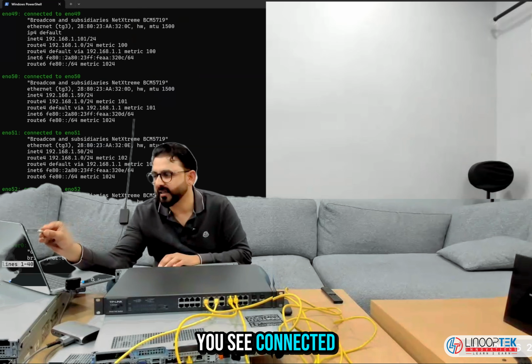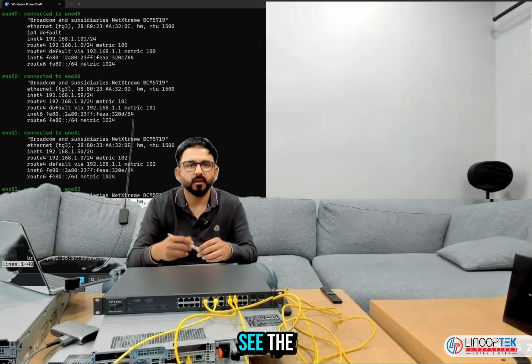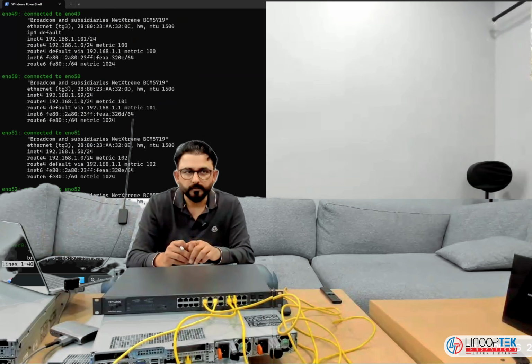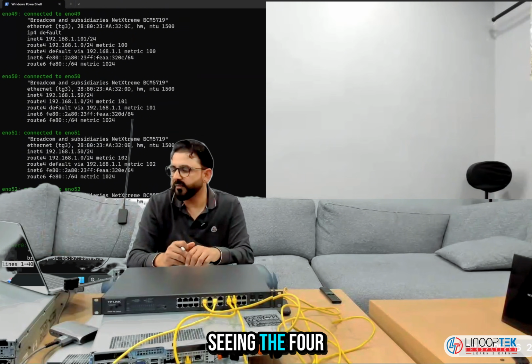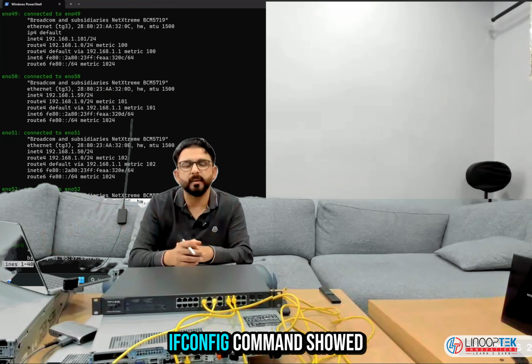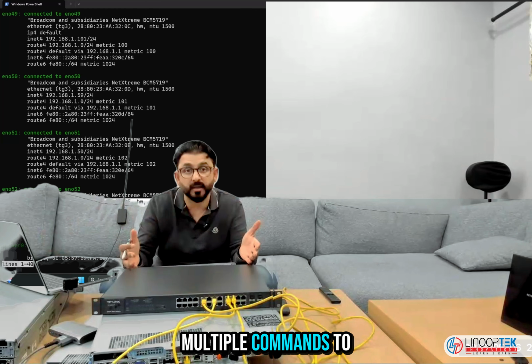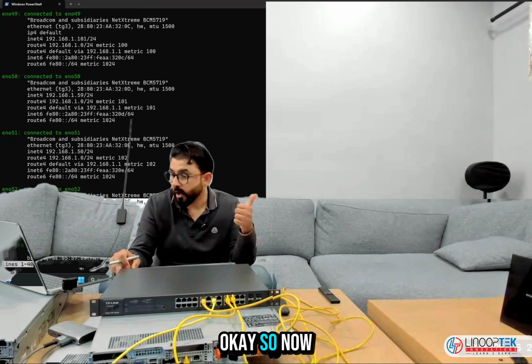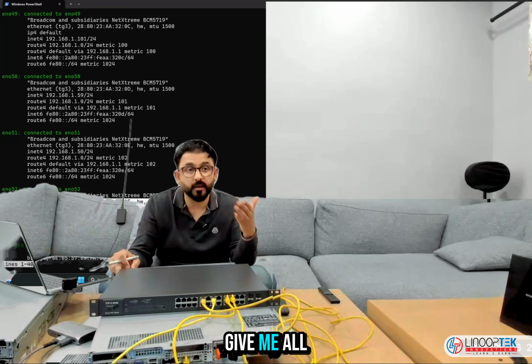You see connected 1, 2, 3, 4. Yeah, so you're seeing the 4 interfaces over here, exactly what the ifconfig command showed you. So there are multiple commands to do things on Linux, okay? So now we know the ifconfig command will give me all the interfaces.